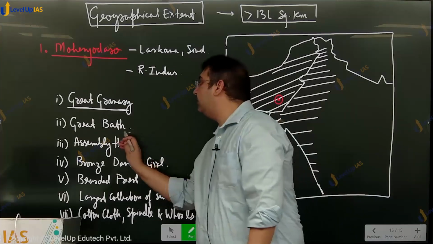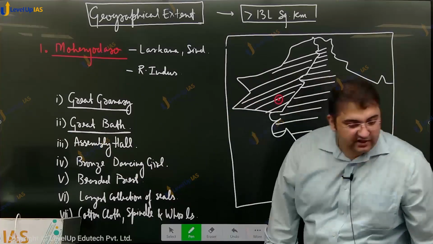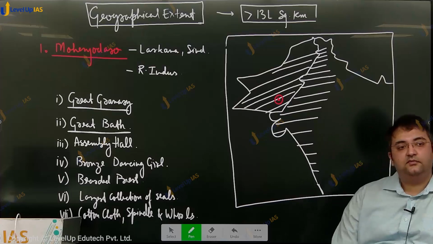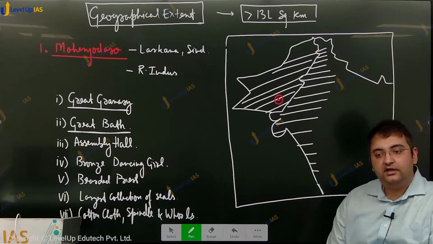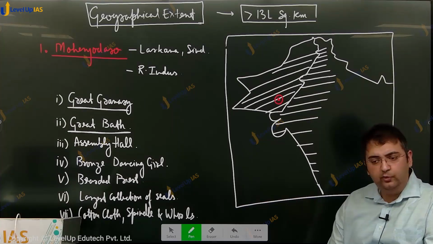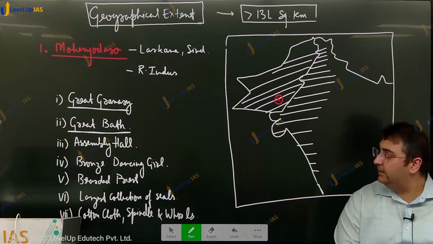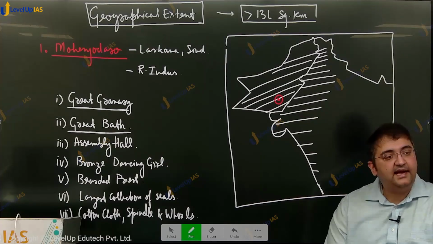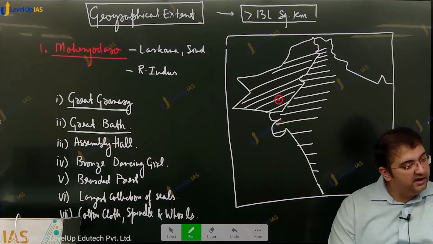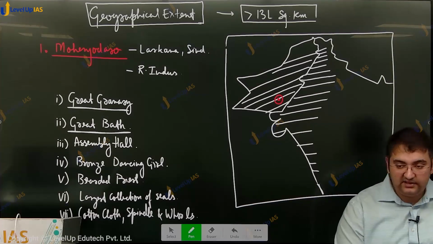Next, we have a great bath. What kind of a structure is this? It is an open water tank, roughly 8 by 11 by 2 meters in depth. Now, important features क्या हैं इसके? Made entirely out of burnt bricks. Harappans were the first to use burnt bricks at such a large scale.